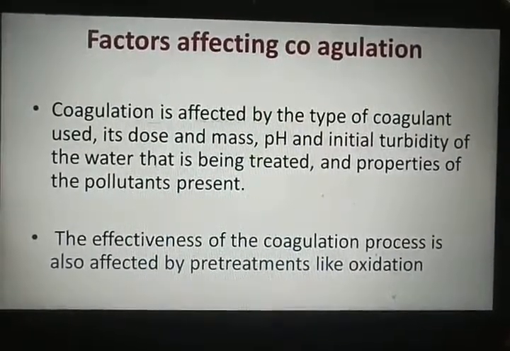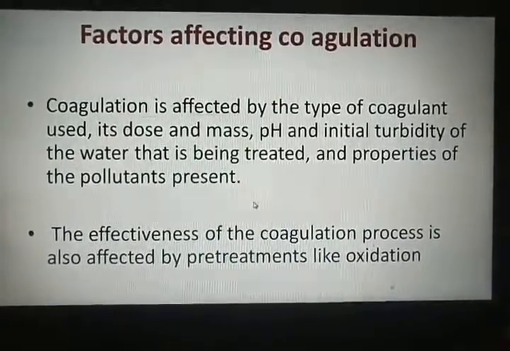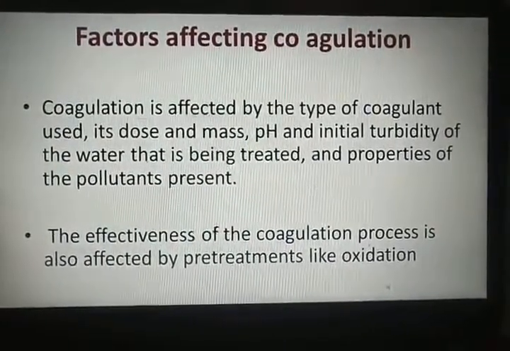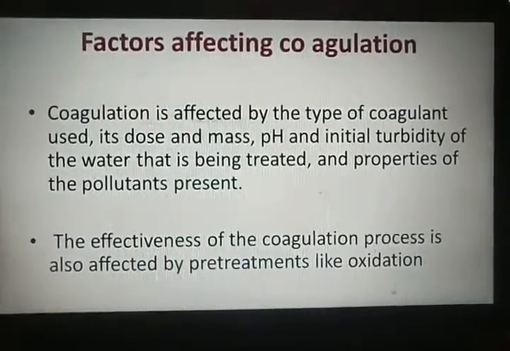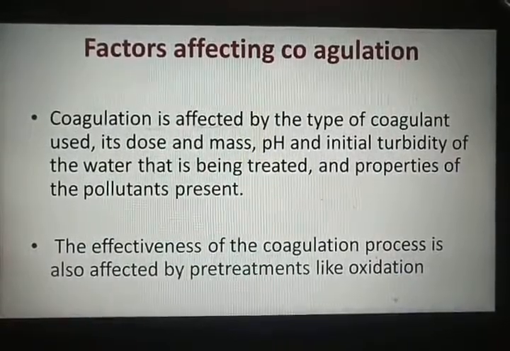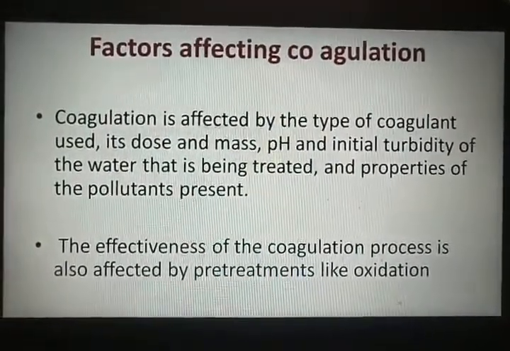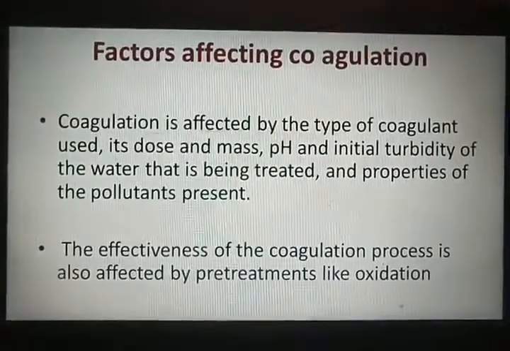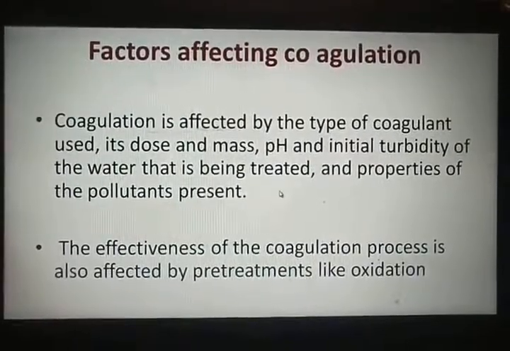Usually there could be different types of pollutants present in the water, that is organic and inorganic impurities. Inorganic impurities consist of clay, silt, and other small suspended solids, and organic impurities like algae and bacteria may be present in the water.